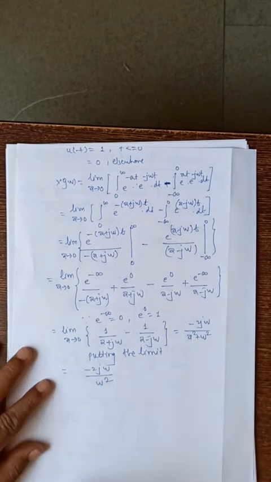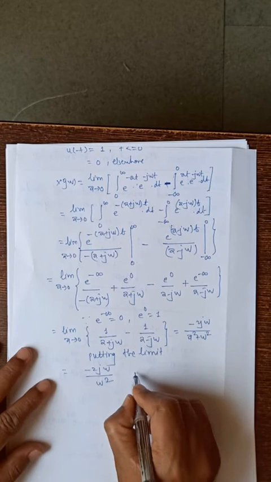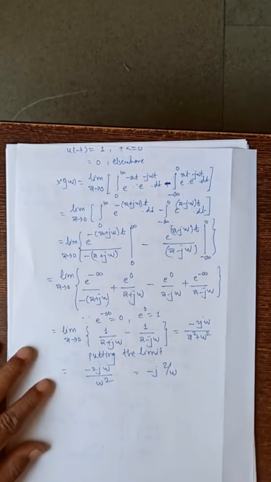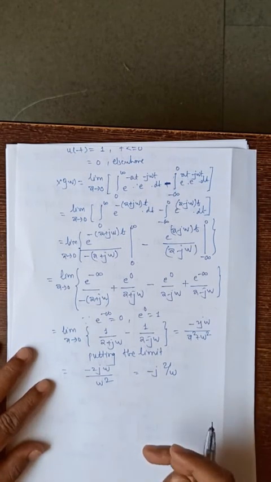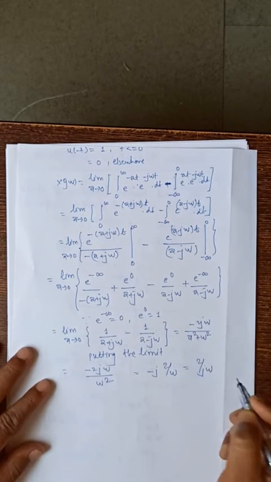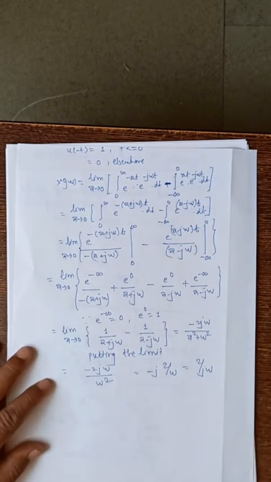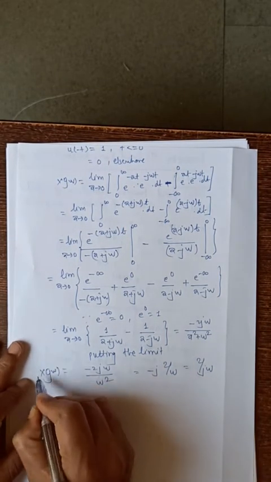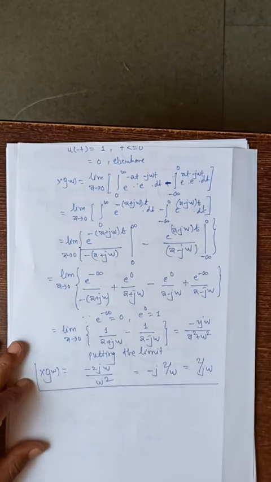Omega and omega square get cancelled, so that is equal to minus j 2 upon omega, or if you take j to the denominator, it is equal to 2 upon j omega, right? So this is the Fourier transform of sgn(t).